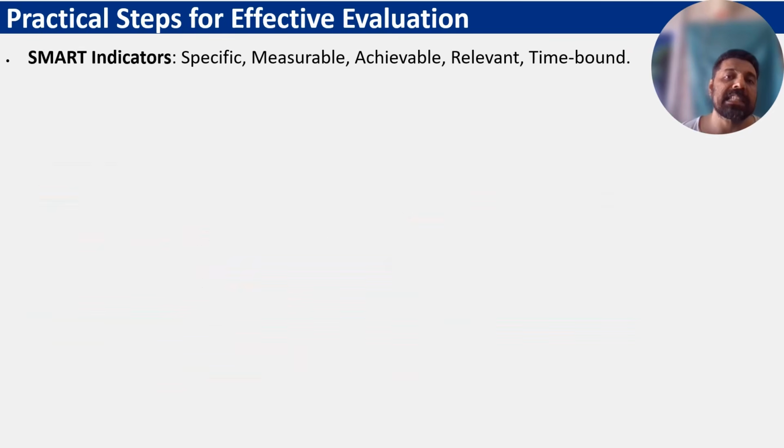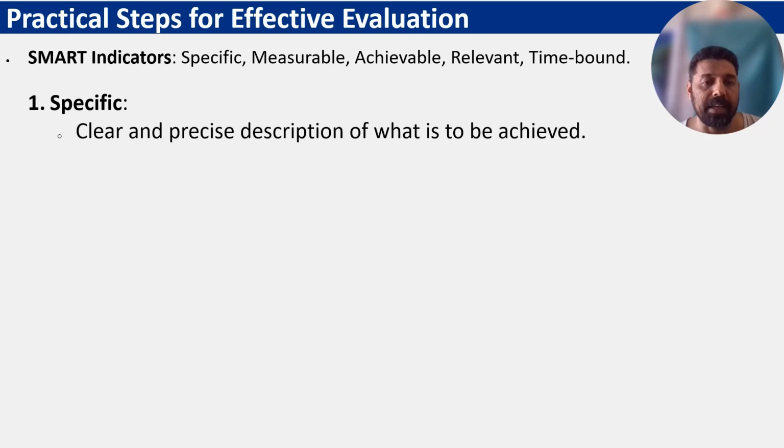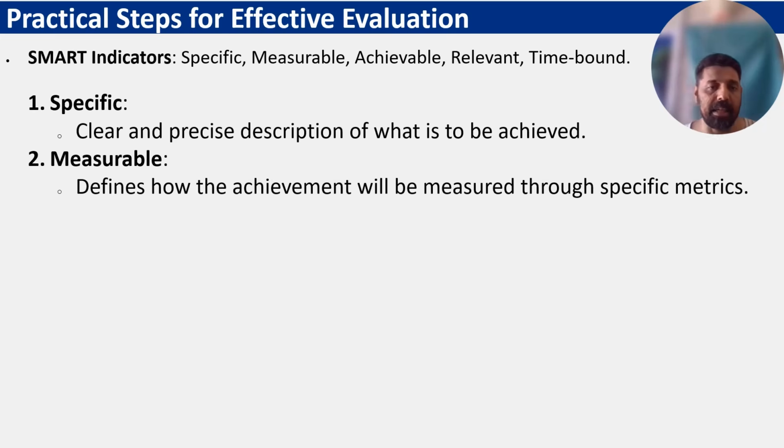Now, as we discussed in our previous slide, SMART indicators: SMART means specific, measurable, achievable, relevant, time bound. What does that mean? Specific: a clear and precise description of what is to be achieved. Measurable: define how the achievements will be measured through specific metrics.